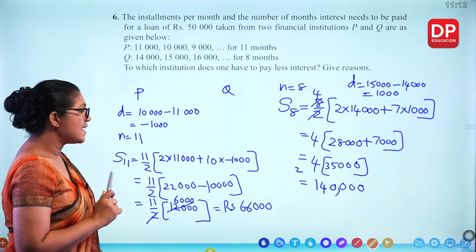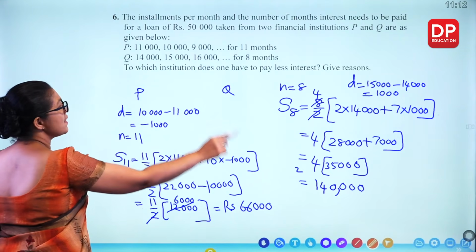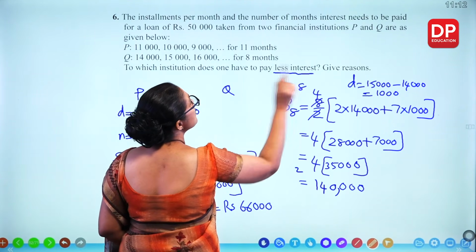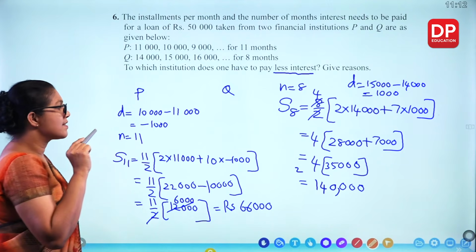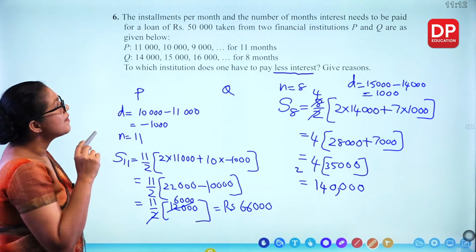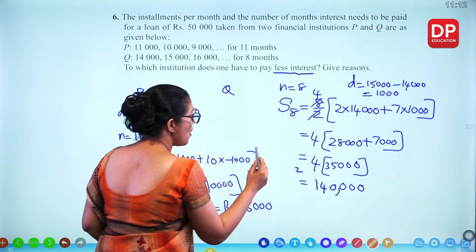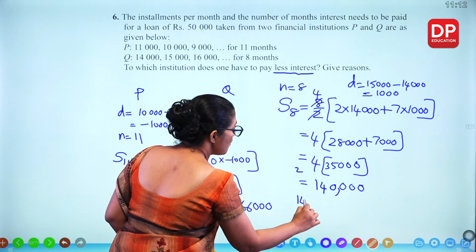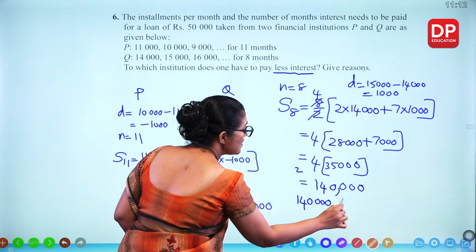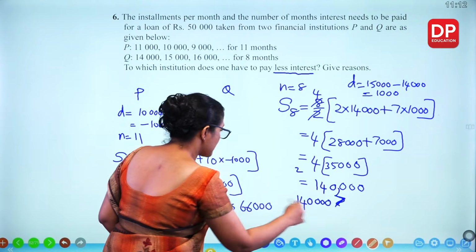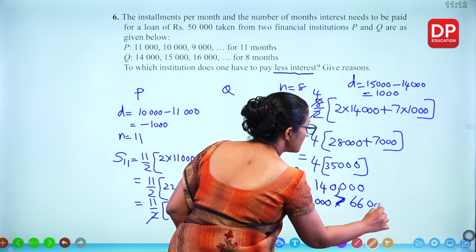So which one is less? Method P. So they are asking which one pays less interest. That means the institute P. So we have to write down 140,000 rupees is more than 66,000.